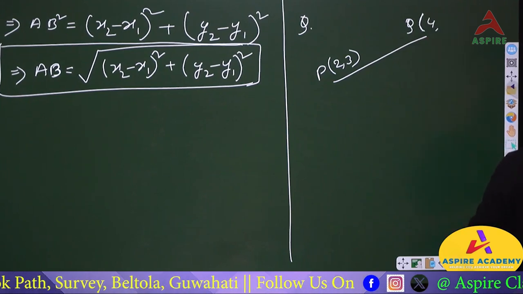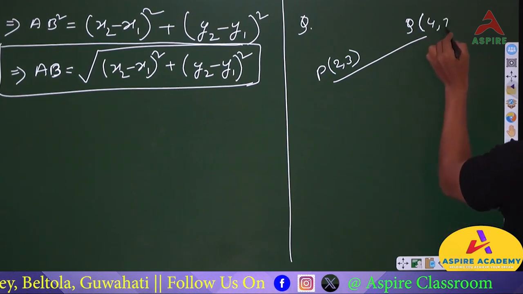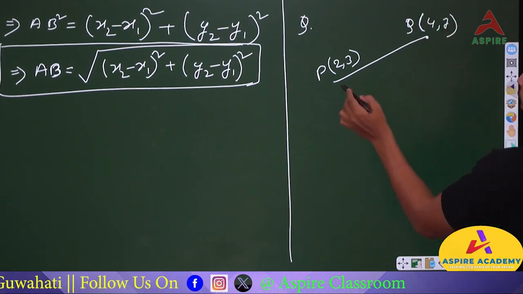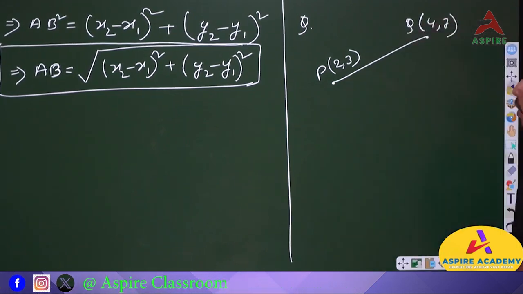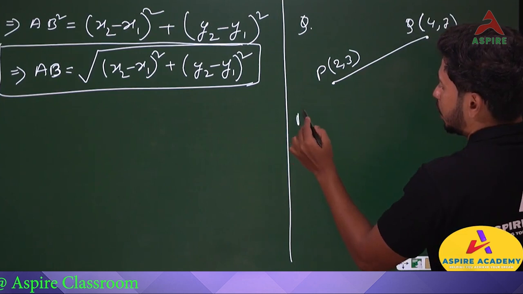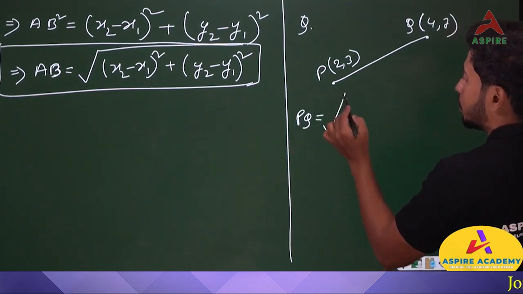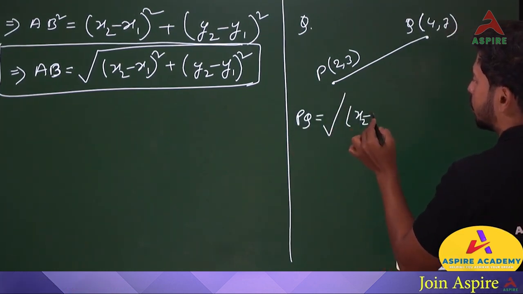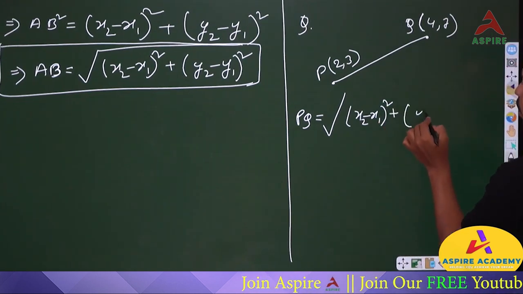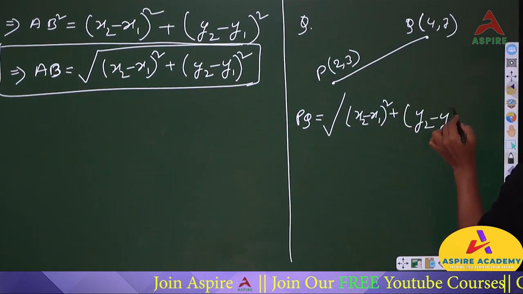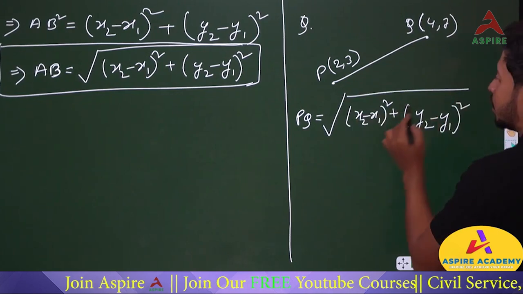The coordinate of Q is 4, 7, right? If you measure the length of this PQ, then you can say directly PQ equals, what is the formula? Root over x2 minus x1 whole square plus y2 minus y1 whole square, right?